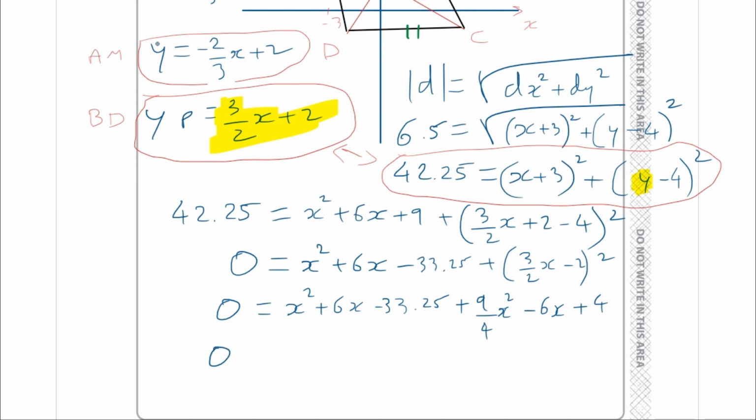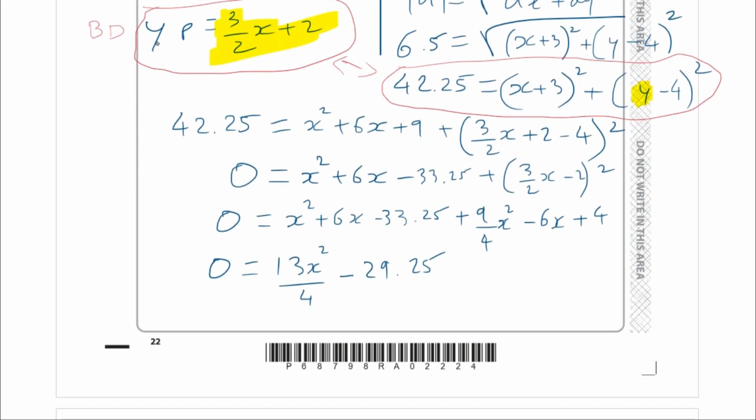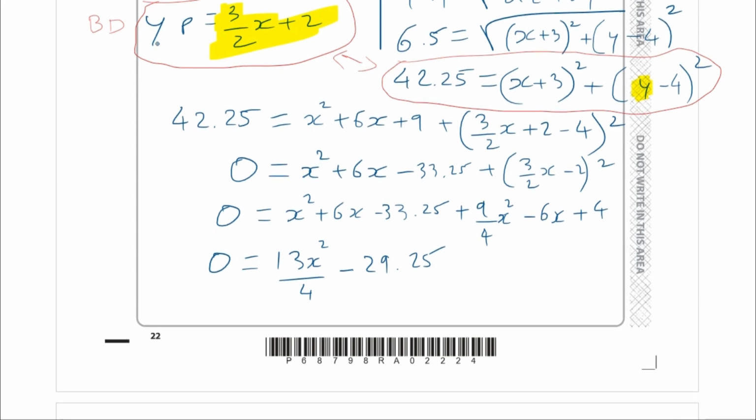We have 4x squared over 4 plus 9x squared over 4, which will give us 13x squared over 4. For the x's, we'll have positive 6x minus 6x, that goes away. And then for the numbers, we'll have minus 33.25 plus 4, which is minus 29.25. Okay, looks like we're getting somewhere. We can move this quantity over to the other side, and we'll continue this on the next page.